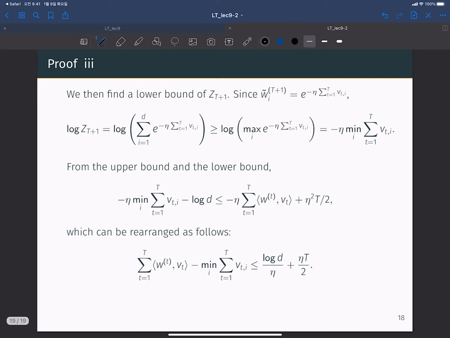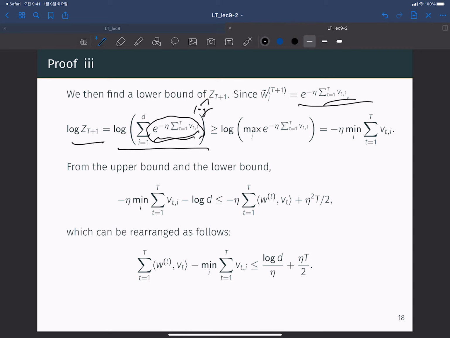So we then find the lower bound of log Z_{T+1}. Since W tilde_{T+1} is exponential minus step size eta times the cumulative cost, this is equal to this by definition. And one very simple and powerful trick is that a summation can be lower bounded by the max when all the elements are non-negative.